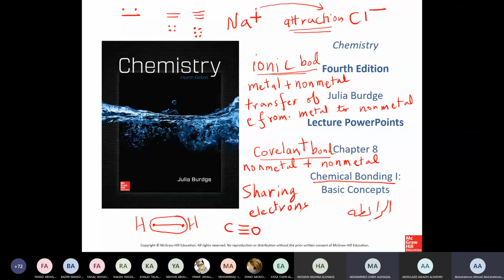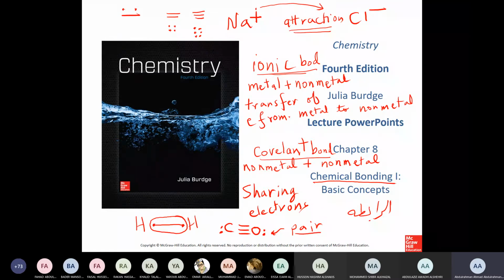How many electrons are shared between carbon and oxygen? Six electrons. Because there are other electrons, like for example, there will be two electrons here and two electrons here. We are going to call this an electron pair.